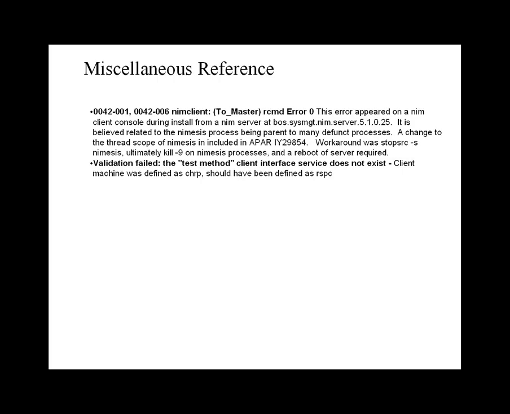When you get a new technology level, you'll apply it on the master, you'll create a new LPP source from it, and you can migrate certain client machines up to the next level. Now, those clients, if you ever had to restore them, you'd use the new up-level LPP source. But as long as you have a chance that you might have to restore a client at the original level, that's why you want to keep the original LPP source.